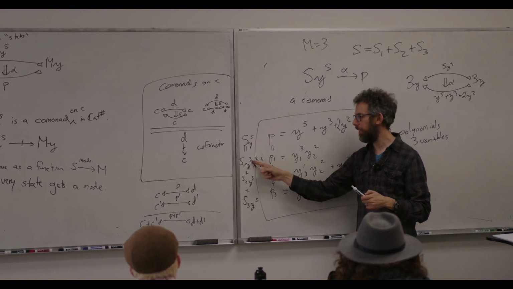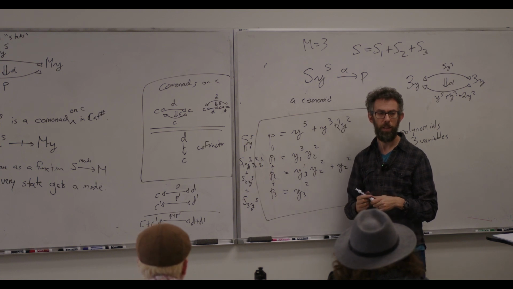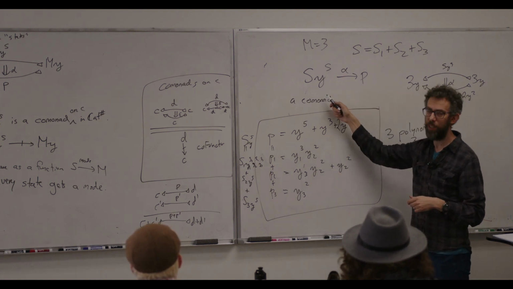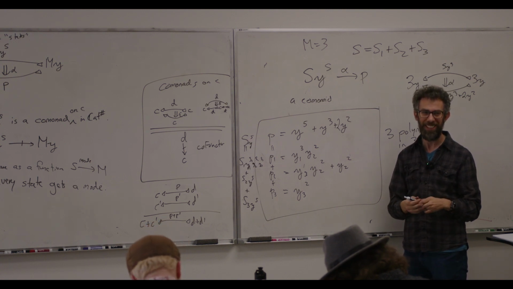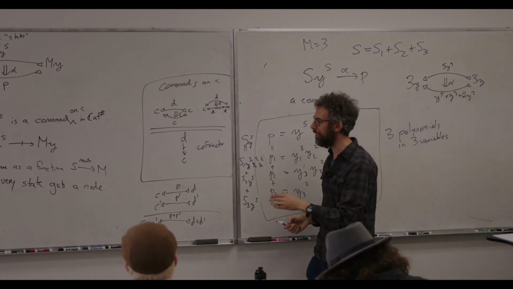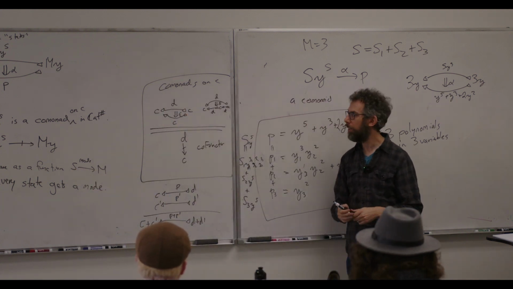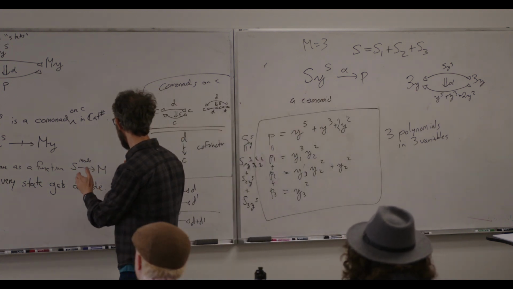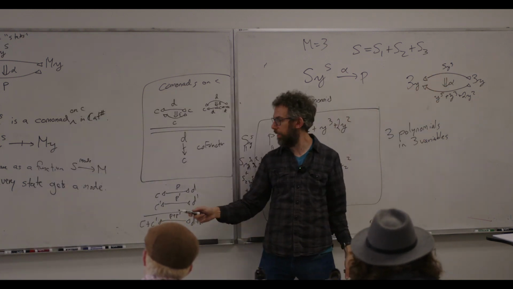What forces this s1 to be that s1, this s2 to be that s2, and this s3 to be that s3? What forces it is that I keep saying this is a comonoid and not telling you why I'm saying that. It's the thing that forces mode to be just a single function. All the data of s y to the s is contained in this function.